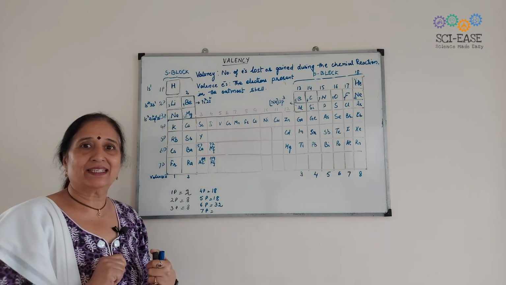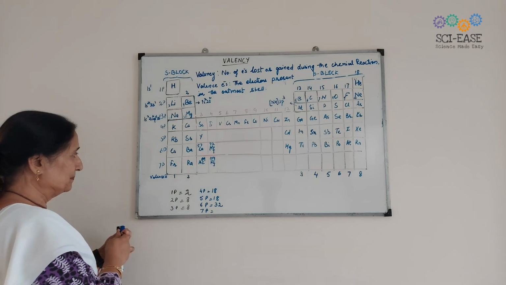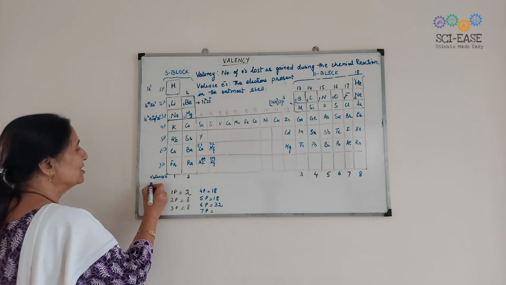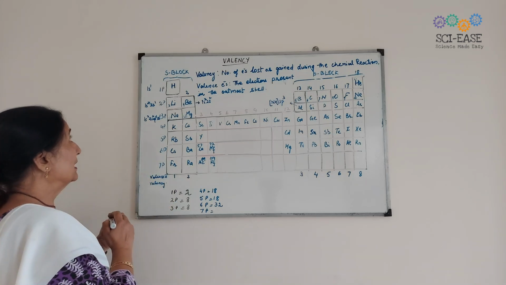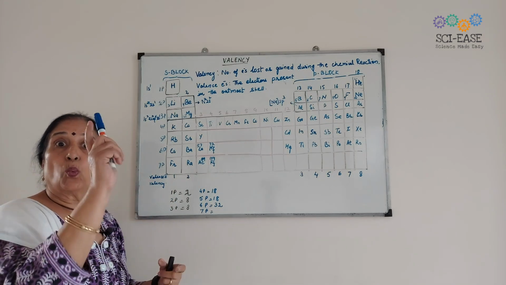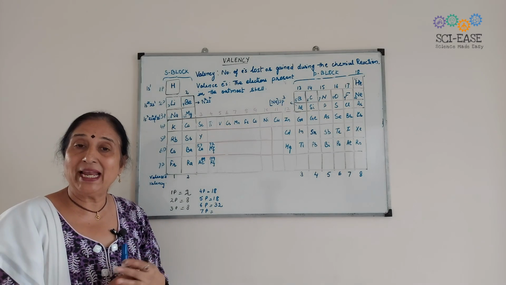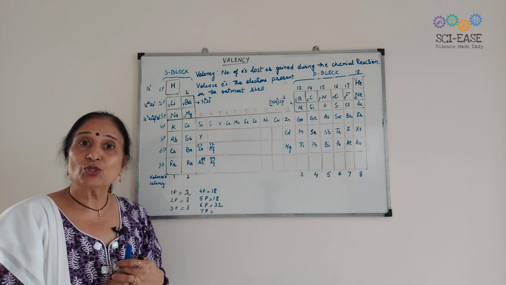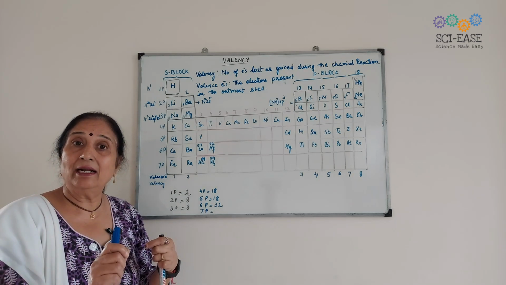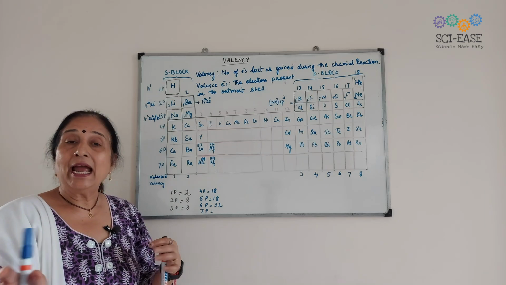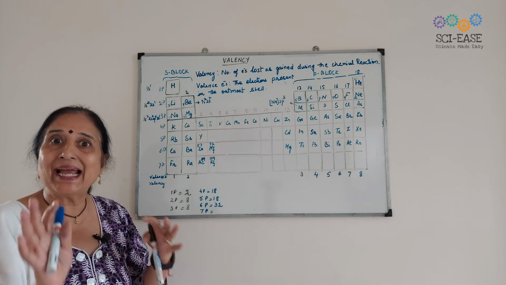Now, come to the valency of the elements present in these groups. Here, there is 1 electron present in its outermost shell in first group elements. Okay? So, it will lose that loosely held 1 electron and acquire the configuration of the nearest noble gas.